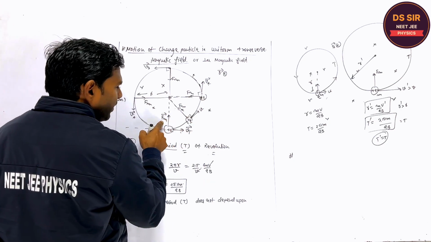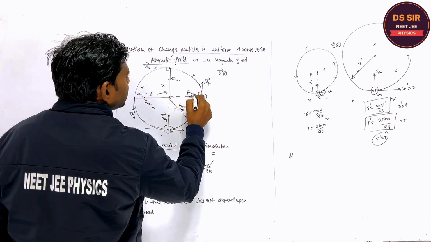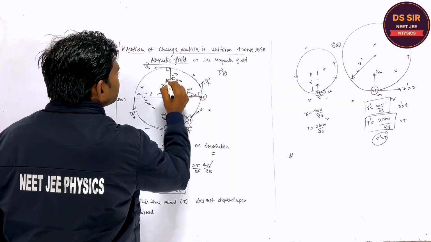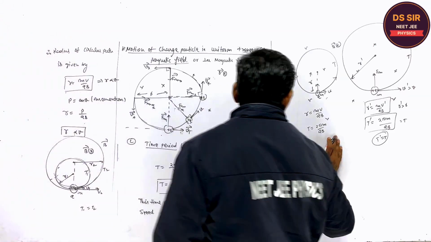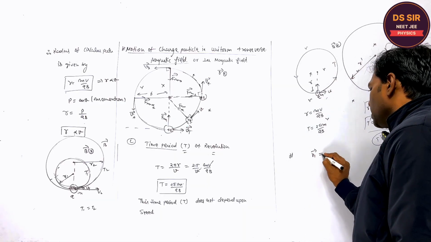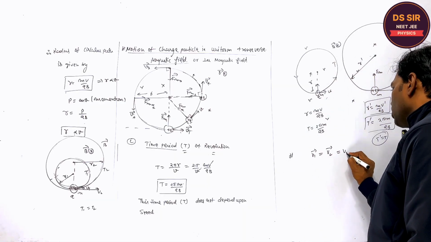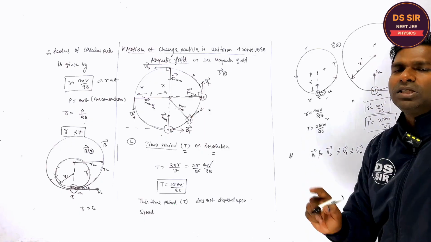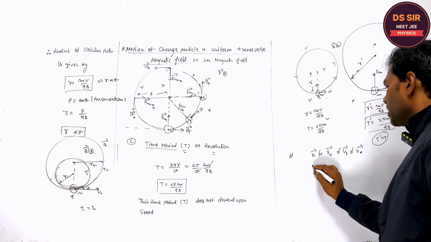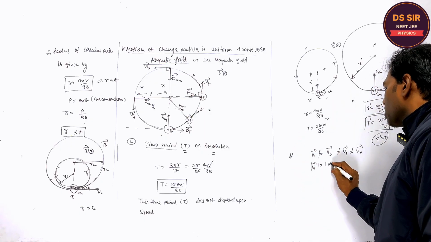So if this is the Fm1 vector, this is the Fm2 vector, like this, 3, 4 vector, like this. So velocity, listen one thing, velocities v1, v2, v3 and v4 are not equal since their directions are not equal, but their magnitudes are equal.